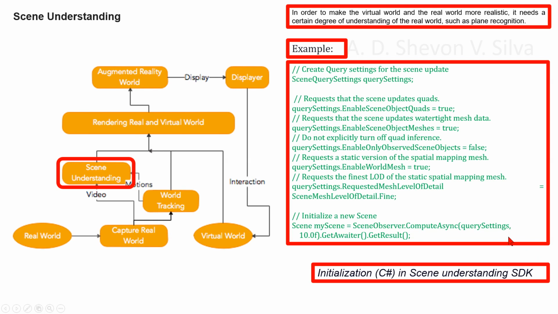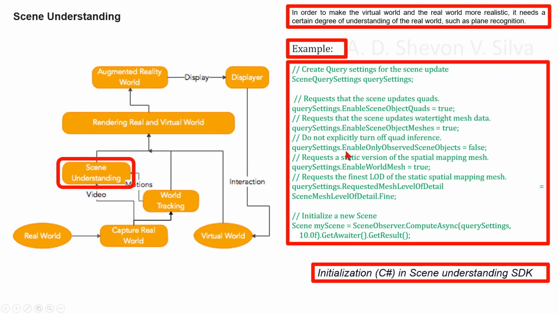Here we will compute a new scene that's rooted around the mixed reality headset and has a 10 meter radius. Here you can see create query settings for scene update. Here you can see a request that the scene updates quads, and a request that the scene updates watertight mesh data.